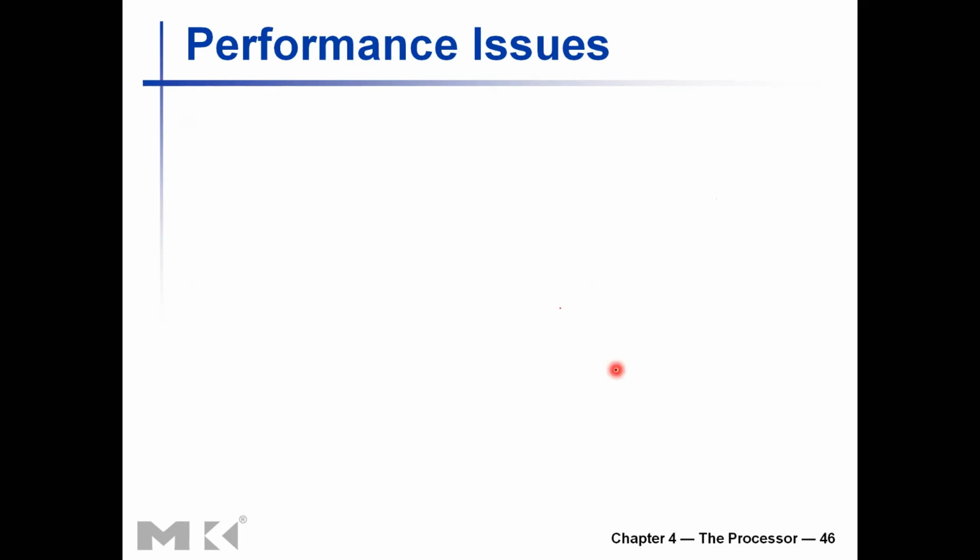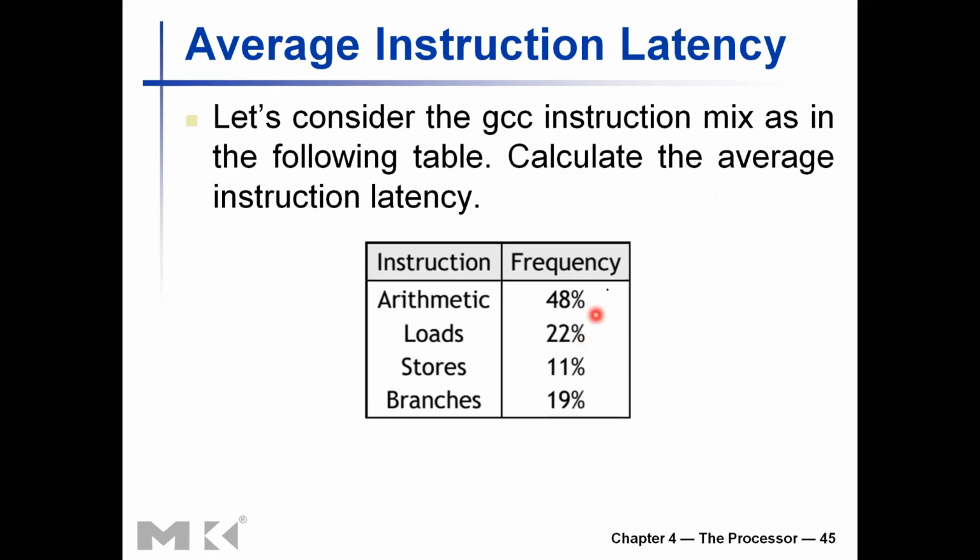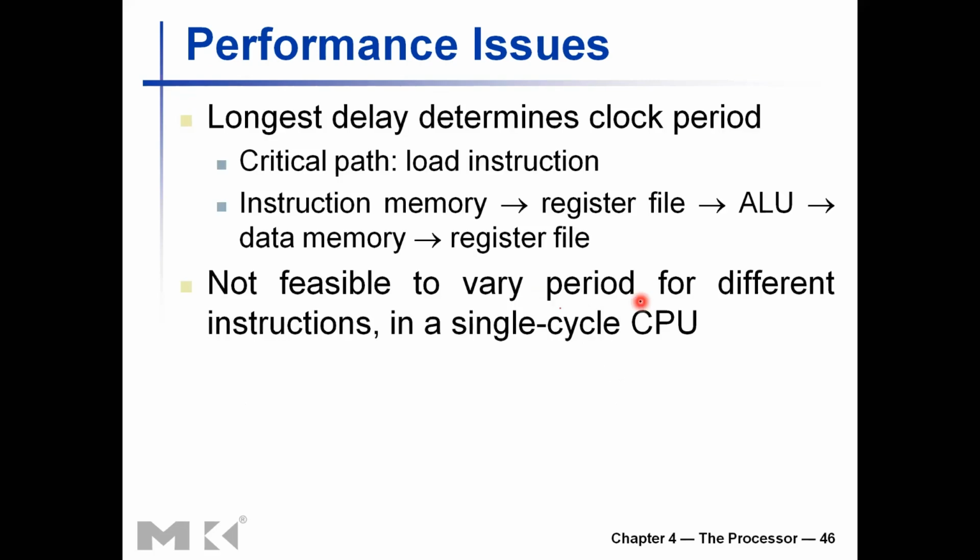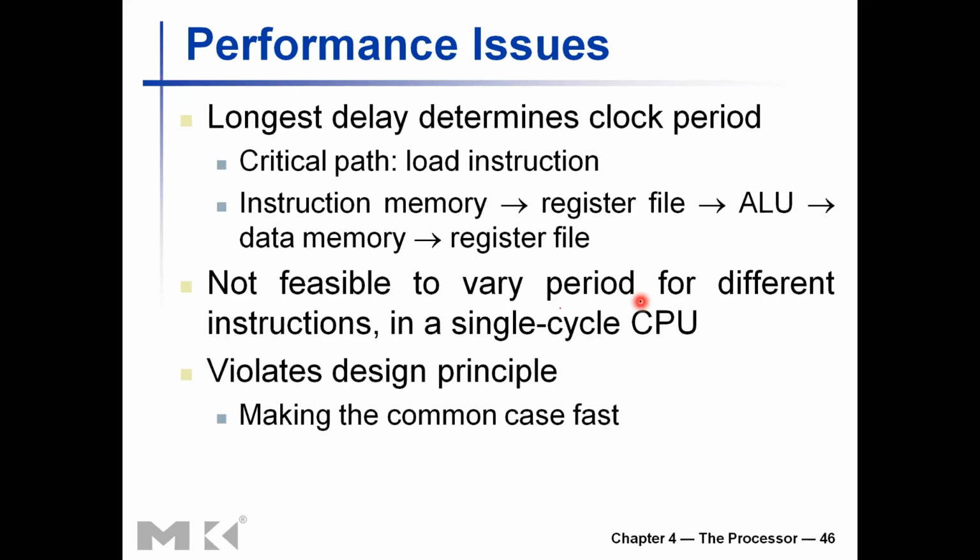Here you can see the common case is arithmetic instruction. If you can make that fast, that is going to be a good, efficient design. But this single cycle implementation is not an efficient design because we have to stick with the slowest instruction to determine our clock cycle period.